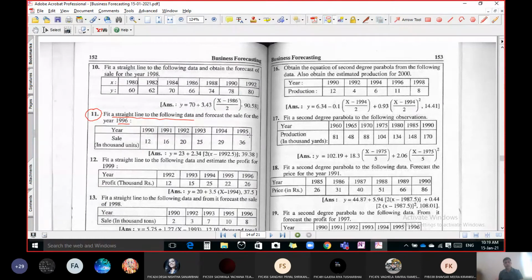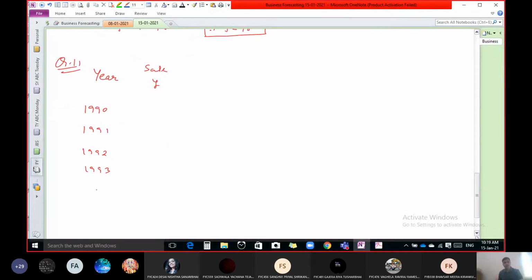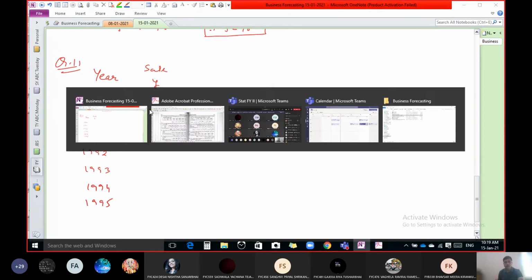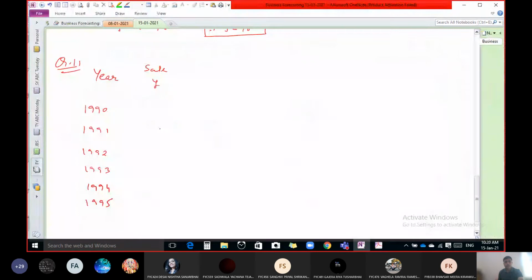That data we have. And here values of Y are 12, 16, 20, 25, 29 and 36.